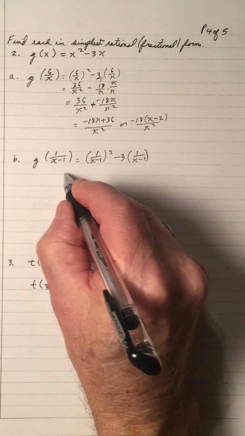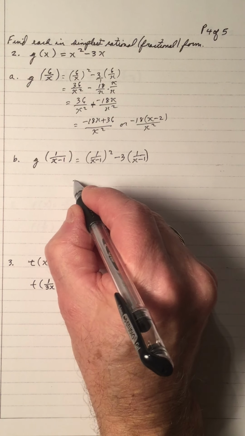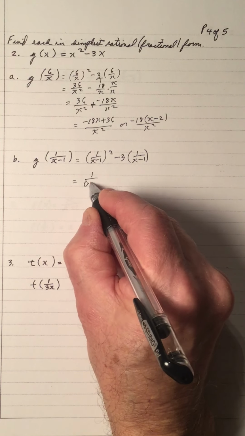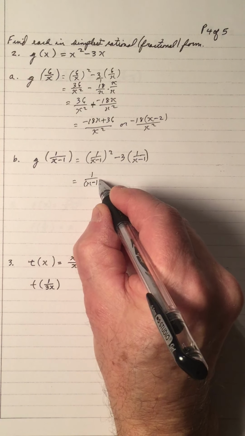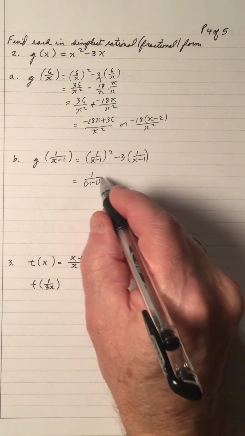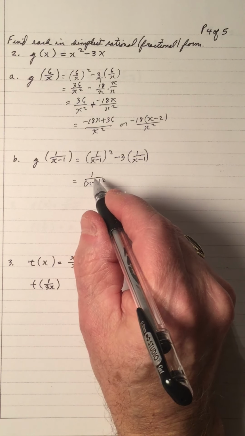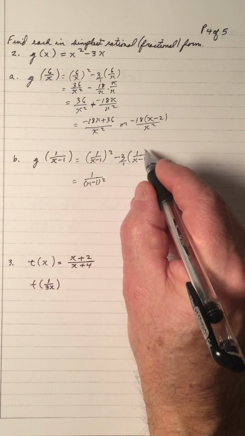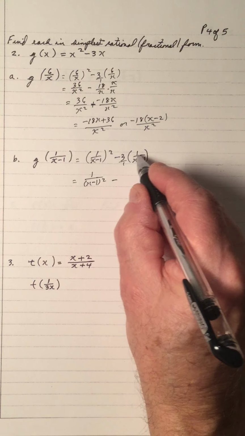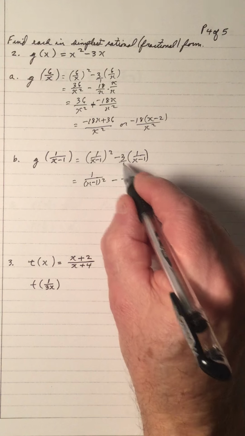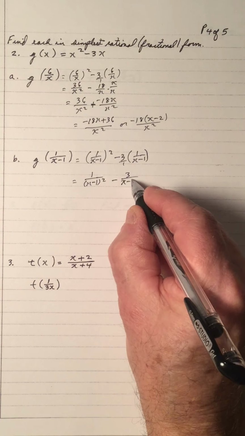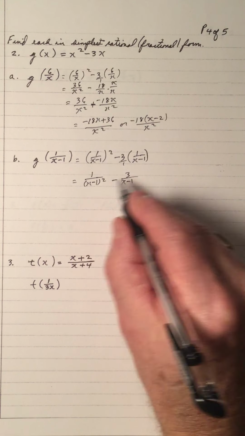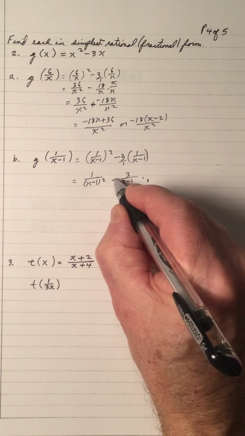There we are. And so now we're going to square it. So 1 times 1 is 1, and x minus 1 times x minus 1 is x minus 1 squared. I didn't square that out. I left it in this form because I need an LCD. So 3 over 1, negative 3 times 1 is 3, and x minus 1. The common denominator is x minus 1 squared, so I need an extra.